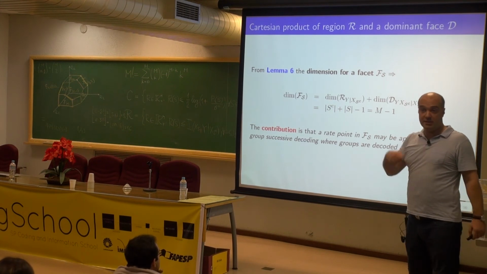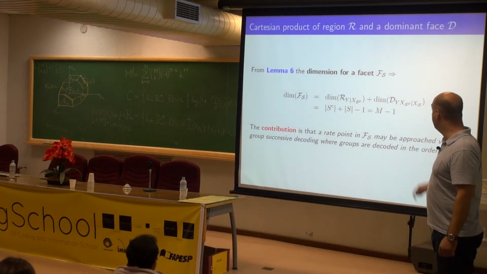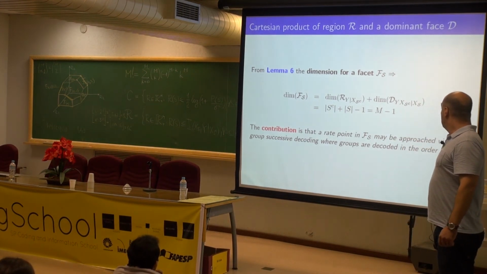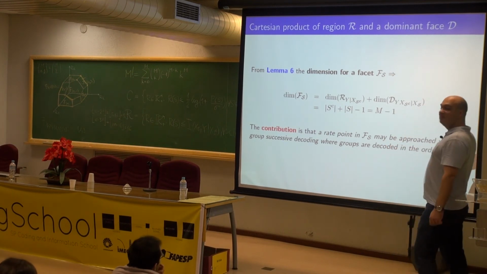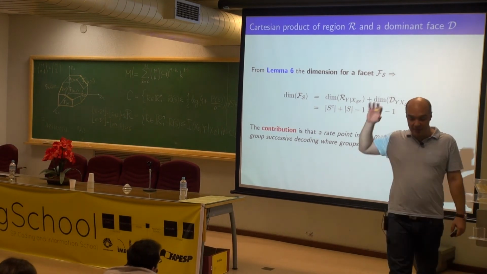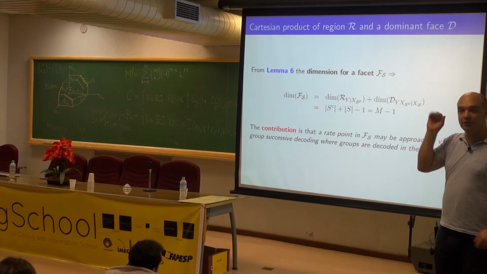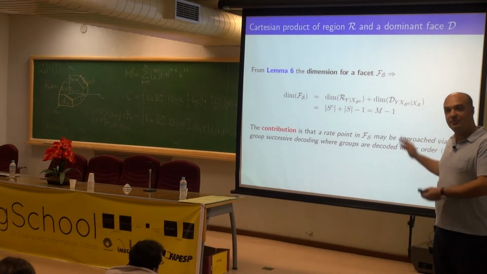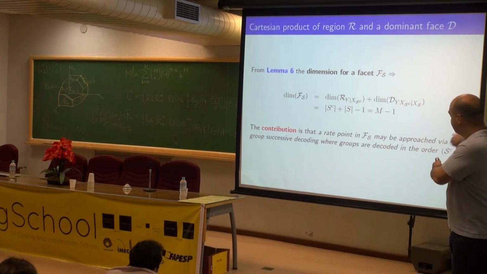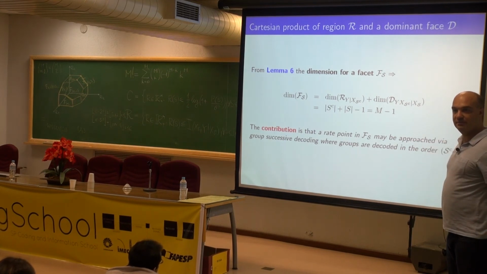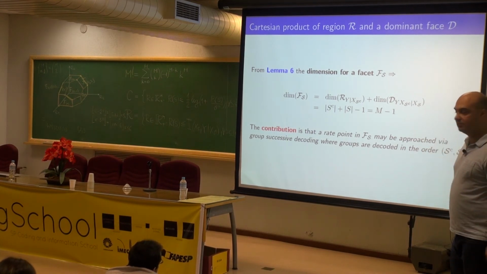And then the decoding order is this one. So we have one group called SC, we decode it, and then given that, we decode the other one. And that's why that party has bigger rates on the dominant phase.